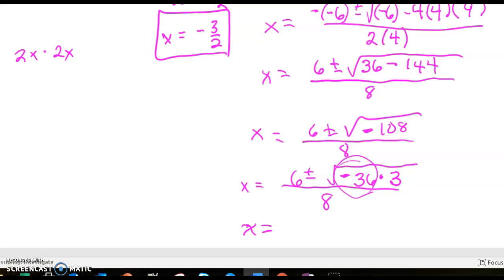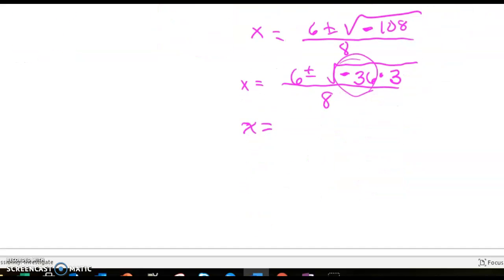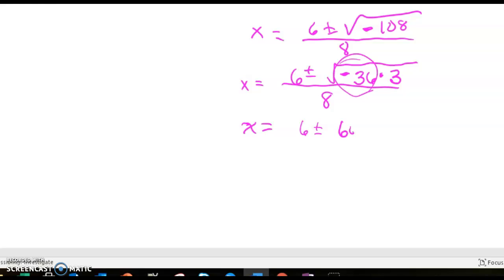So we have x equals 6 plus or minus the square root of negative 36, which is 6i. Remember that the square root of negative 1 is i. We leave the 3 underneath the square root sign, all over 8.